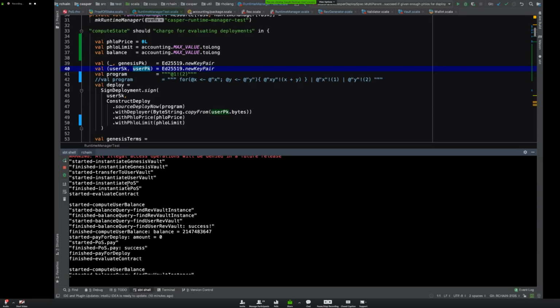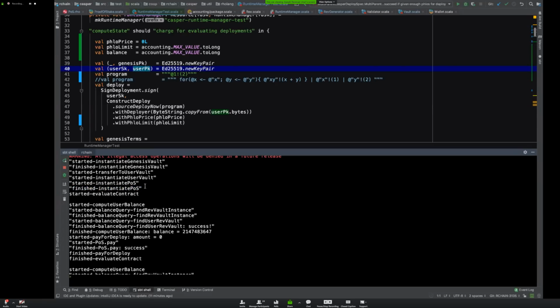So I can transfer to a user, for example, before that user even has a vault, and that's valid behavior on the platform. The next thing that happens is that the proof of stake contract is instantiated.